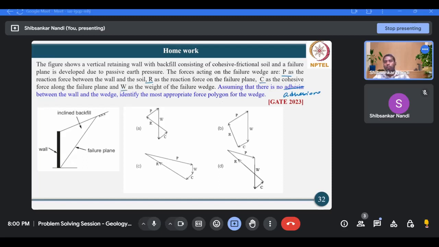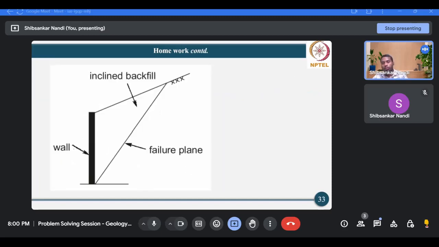What is P? P is the reaction force between the wall and the soil. If this is the normal perpendicular to the wall, this is the force P between the wall and the soil, and it is acting at an angle delta to the normal of the wall.